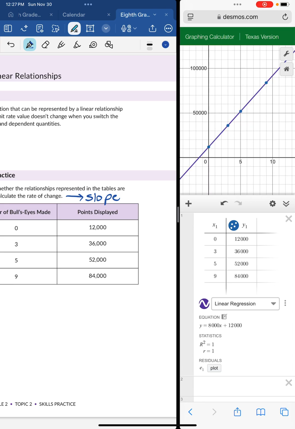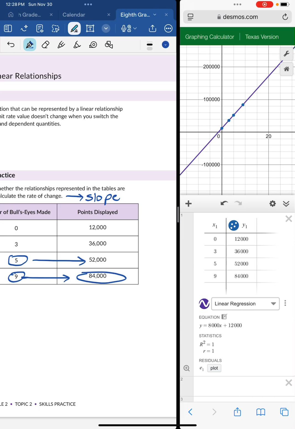Okay, so, oh, there we go. I pressed the little magnifying glass symbol, and there we see our line. Sometimes our numbers are so big. You see this 84,000 goes with 9. That's really small compared to that big number of 84,000, and 5 going with 52,000. So sometimes you've got to press that magnifying glass to see.